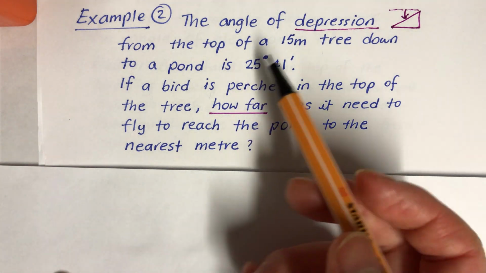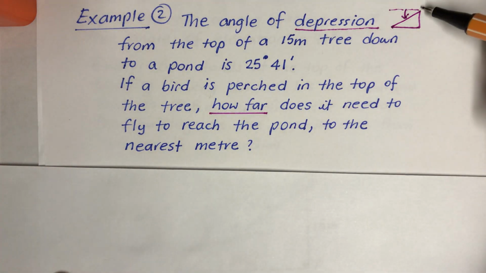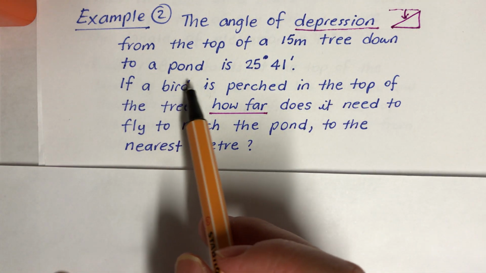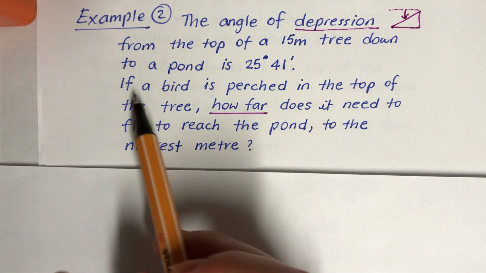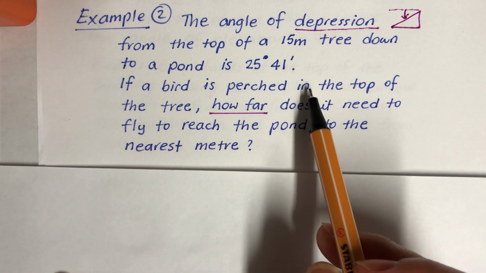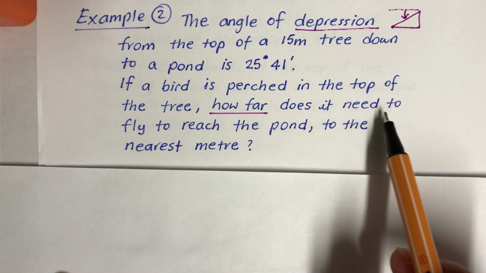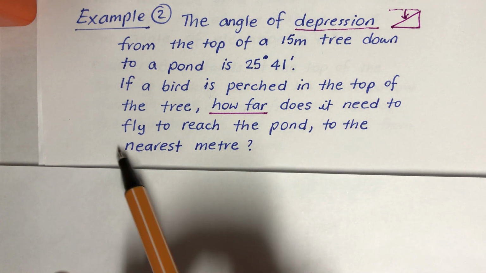From the top of a 50-meter tree, that's my tree, down to a pond is 25 degrees and 41 minutes. If a bird is perched on the top of the tree, how far does it need to fly to reach the pond to the nearest meter?